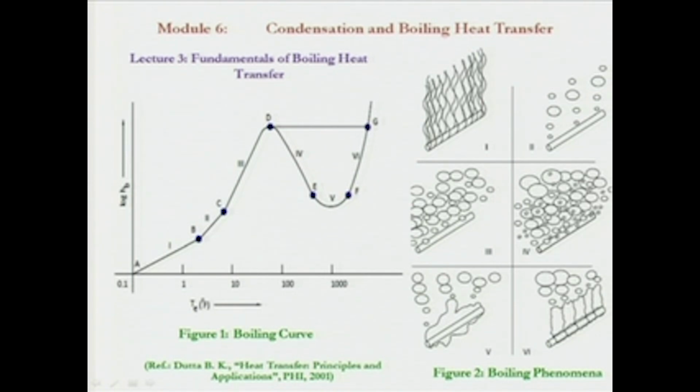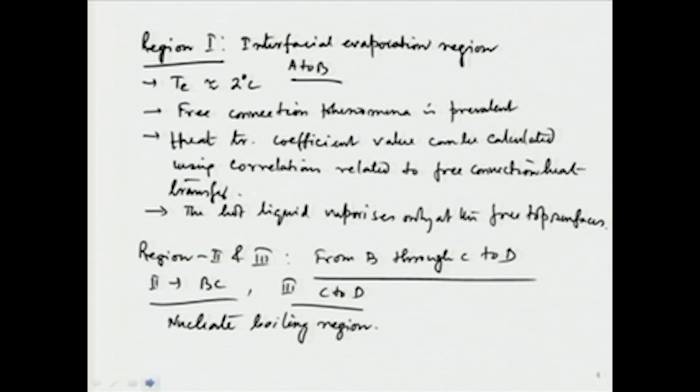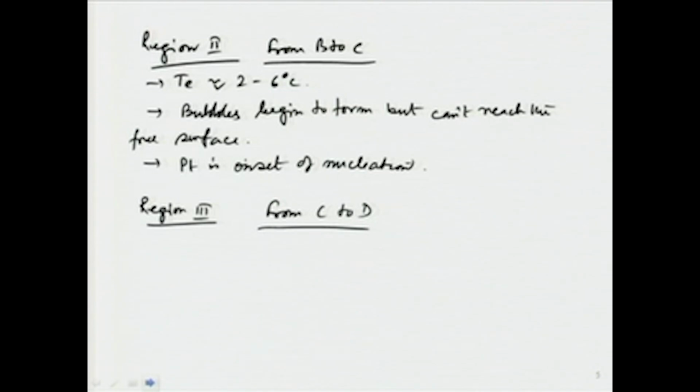Here the bubbles are going upward, and the bubbles reach the free surface. So, we can say that from C to D, here ΔT is nearly 7 degrees centigrade to 35 degrees centigrade.